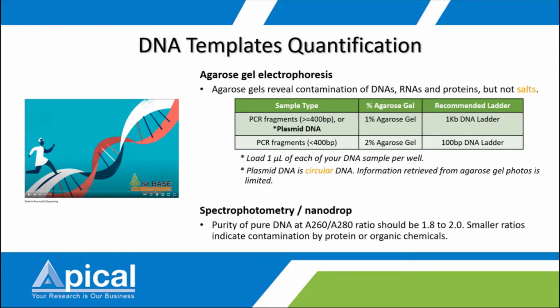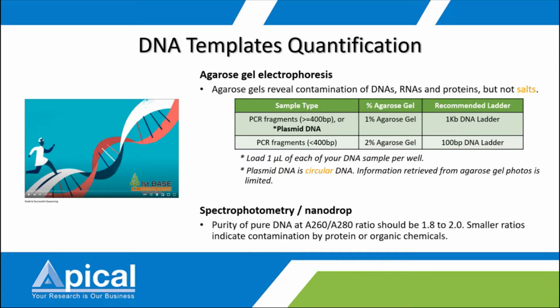So do run your agarose gel together with a DNA marker where you know the concentration of each band from the marker. From there, you can estimate the DNA amount in your sample.